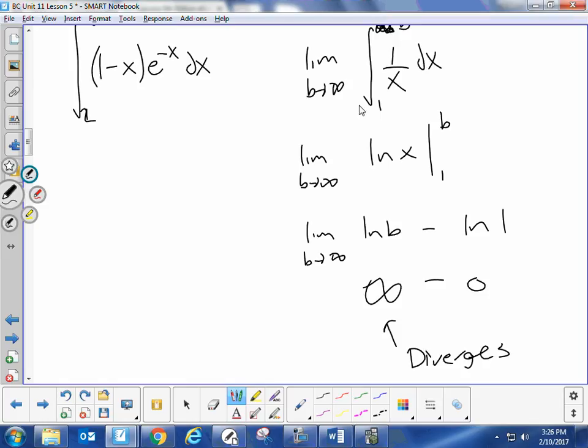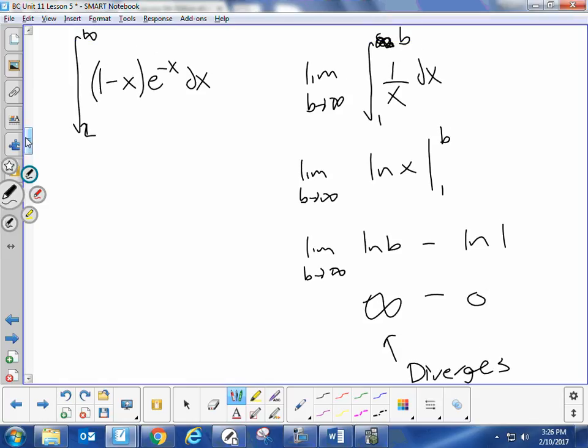So here's an example of an area that will look just like 1 over x squared. 1 over x looks just like 1 over x squared when we're talking about to the right of 1. But in this situation, if I tried to add up all the area to the right of 1, it turns out we continue to add values.